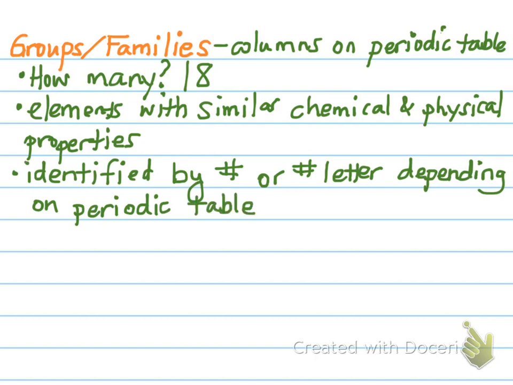So depending upon what periodic table you have, you'll either see all the groups and families, again, all of those columns, either having a number above the column or a number and a letter. Okay, and sometimes that can actually tell you a little bit about the origin of the periodic table. Sometimes those numbers are a Roman numeral.